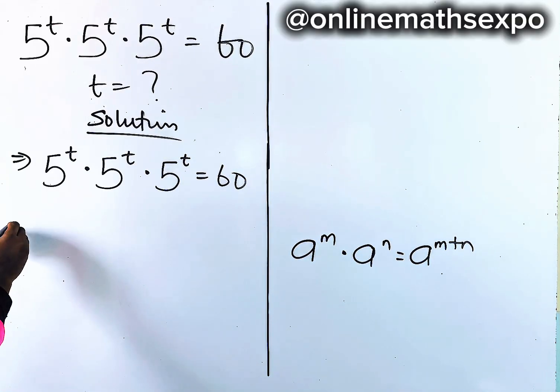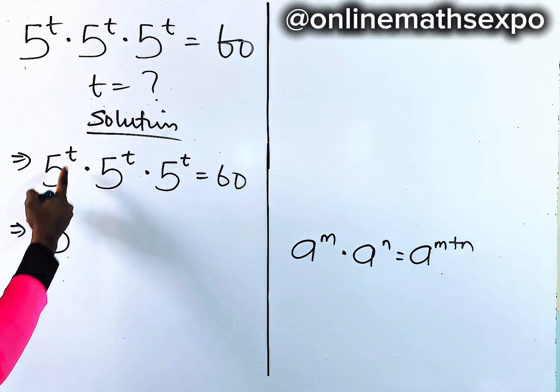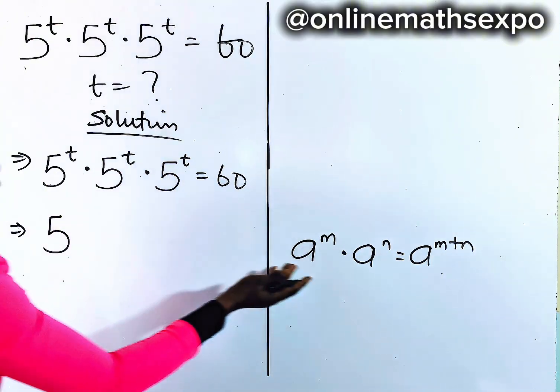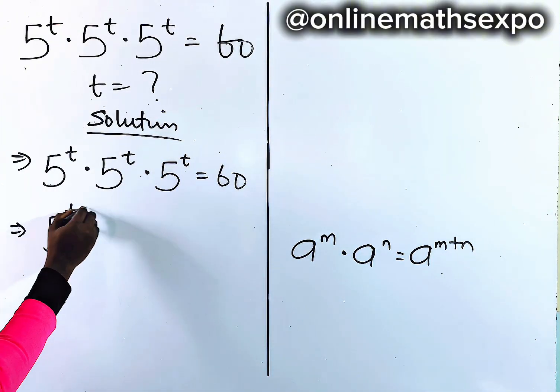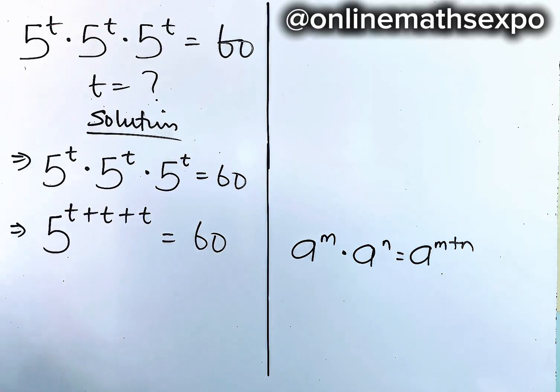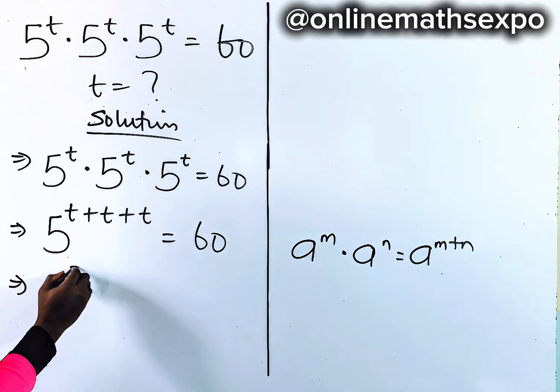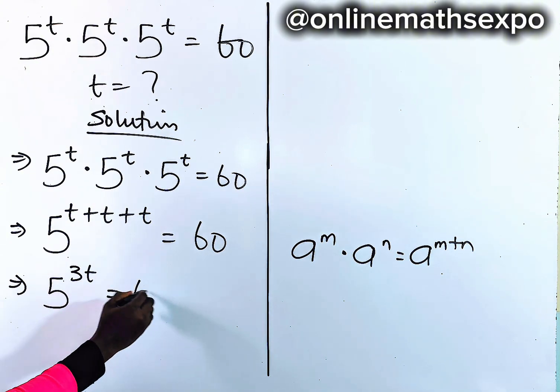So in that case, we take one base, then you add the powers, obeying this. So we have t add t add t is equal to 60. Now this gives us 3t is equal to 60.